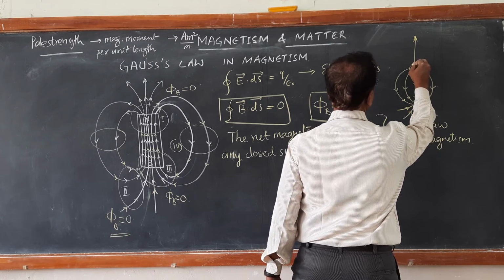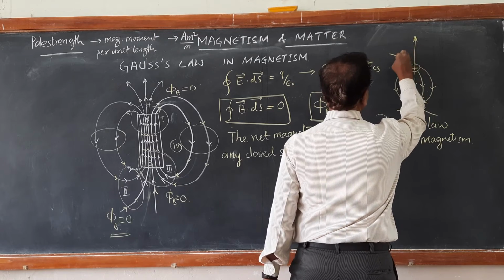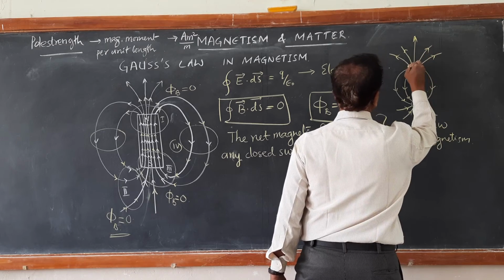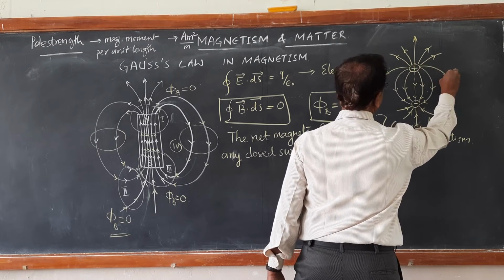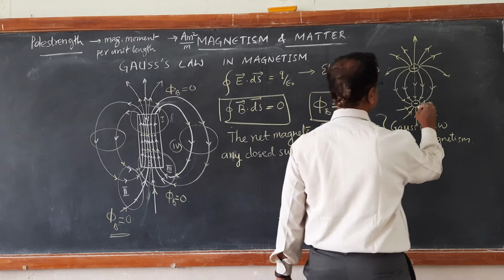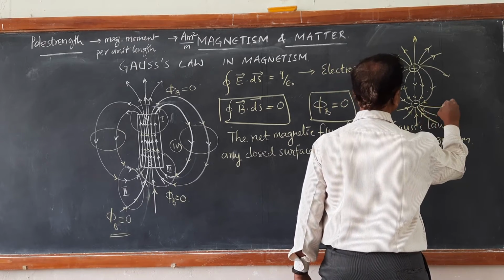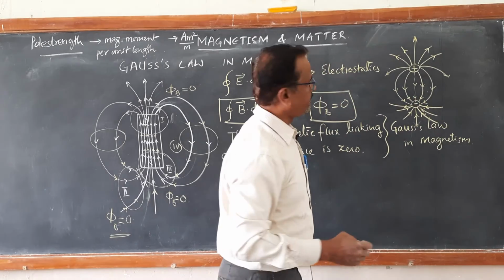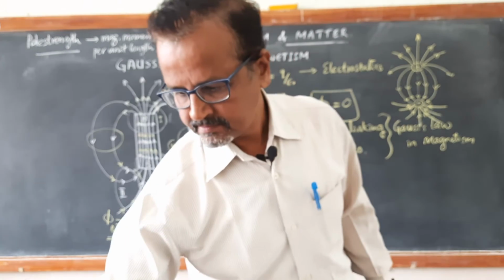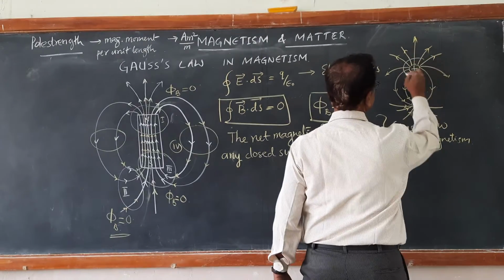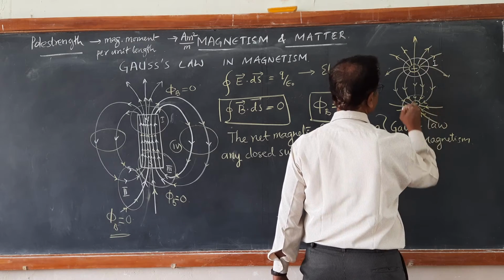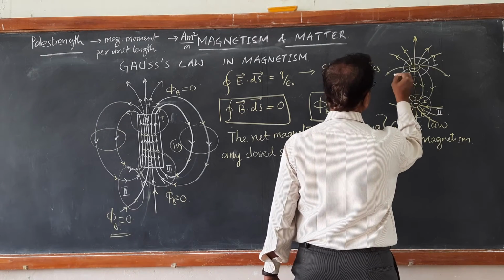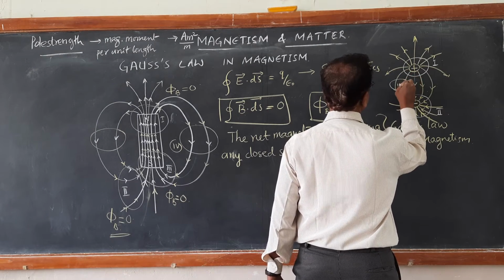If you take the electric flux around a positive charge, and the electric flux around a negative charge, it is non-zero. If I again take closed surfaces, suppose this is closed surface number 1, this is closed surface number 2, and suppose I take this as closed surface number 3.